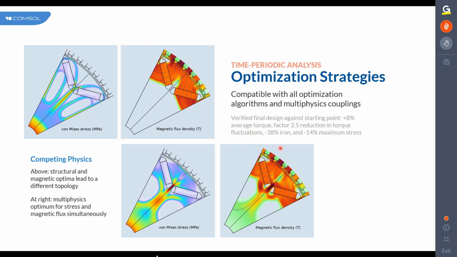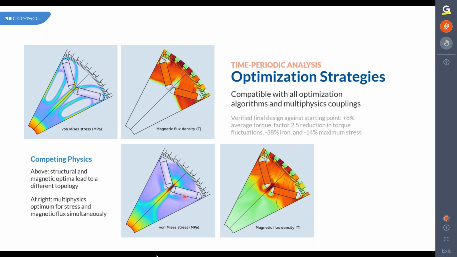So that is the reason to reduce the torque fluctuations, and in this case, that was the objective function of this particular optimization. While doing that, we also had certain constraints that we had implemented. We wanted a reduction in the iron material used, and also a reduction in the maximum stress levels. We were able to achieve both the objectives.